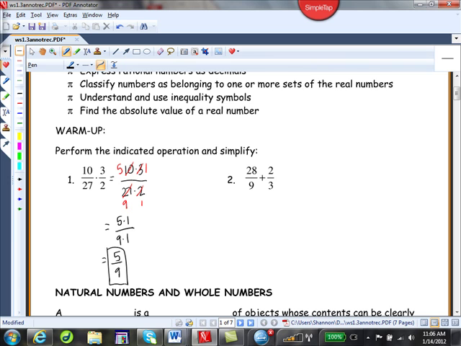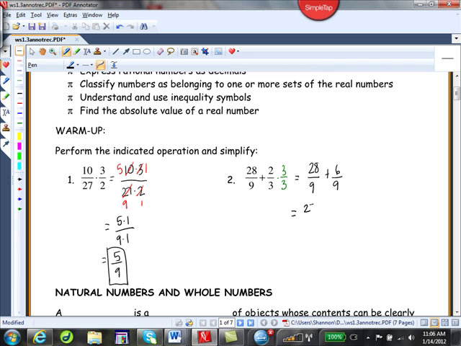Okay, so here we go. This one is an addition problem involving fractions. So here we go. You probably found that the LCD was 9. So here the only fraction that we need to adjust is the second fraction. And if we multiply that by 1, in this case as 3 over 3, we will get 28/9 plus 6/9.